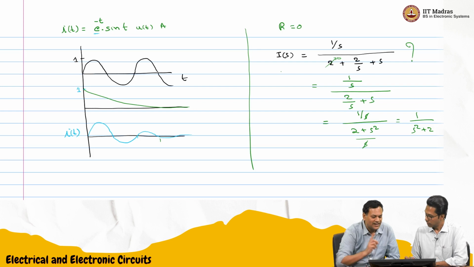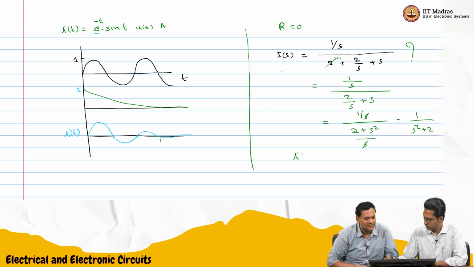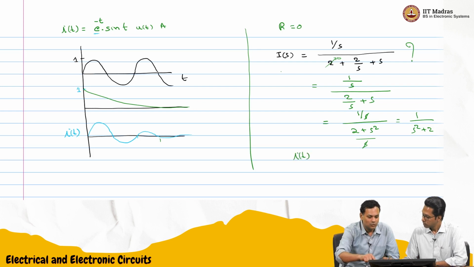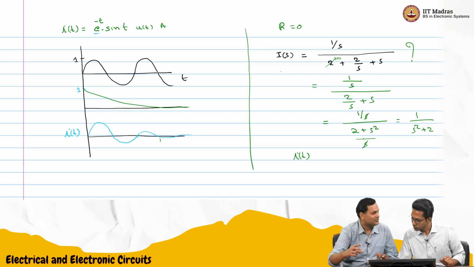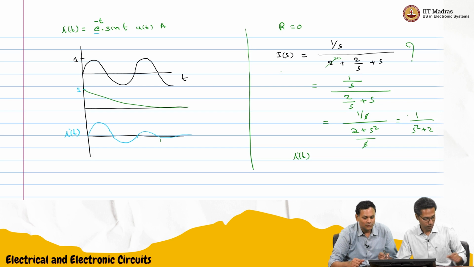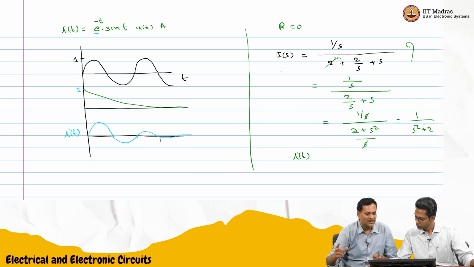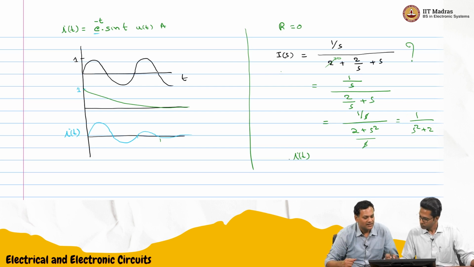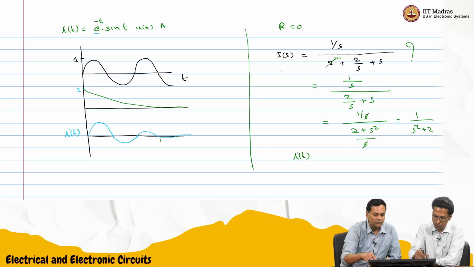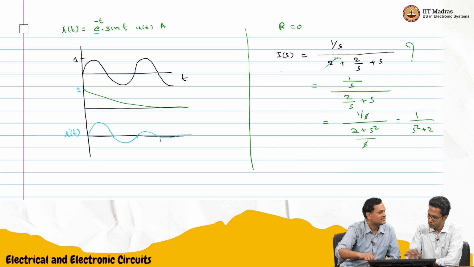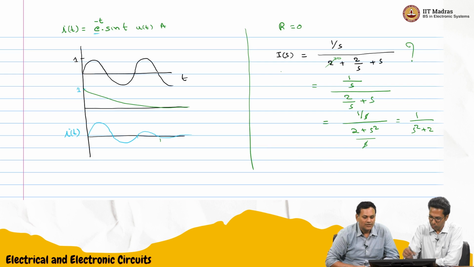So maybe we can just write I of t. So omega is root 2. Oh, sorry, no, it is not. No, this is correct. We just need to multiply and divide by half. The amplitude of the sinusoid will be smaller. So we'll write it in the standard form. Before we go to I of t, we have to write it such that numerator and denominator have the same terms available.